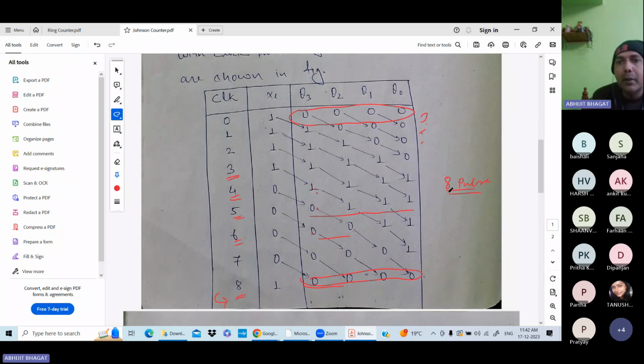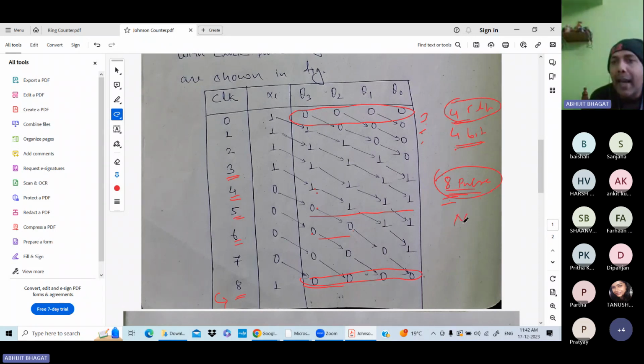So with this counter you can count a maximum of 8 clock pulses. 8 clock pulses means here you are using 4 flip flops. If you use 4 flip flops, you can count 8 pulses.